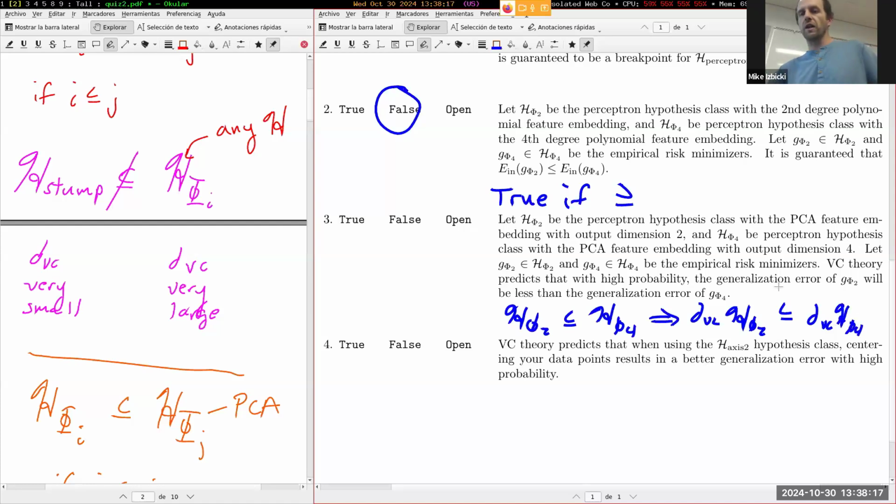And our generalization error, as predicted by VC theory, is proportional to the square root of the VC dimension here. And so the class with the smaller VC dimension is going to have the smaller generalization error. And the question here is saying the generalization error of GV2 will be less than the generalization error of GV4. Again, GV2 is the smaller VC dimension, so it has the smaller generalization error. And so number 3 right here is true.